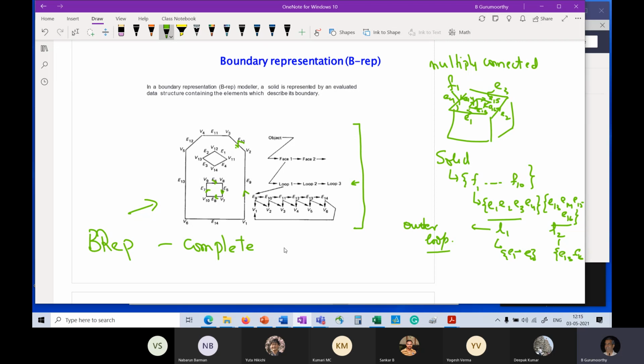You can do whatever manipulation you want of the solid with this representation. You can draw the object because you have all the faces and the normals. You can cut it and find the chopped object on either side. That's again possible. So all the information that you need to do any reasonable manipulation is available with the boundary representation.